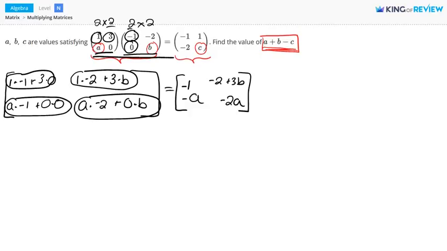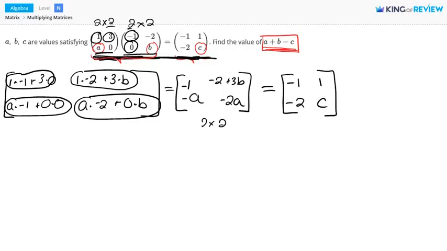Now, in the original equation that was given to us, we know that the product of these two matrices is equal to this matrix here. So we know that this is equal to the matrix negative 1, 1, negative 2, and c. Both of these are 2 by 2s.